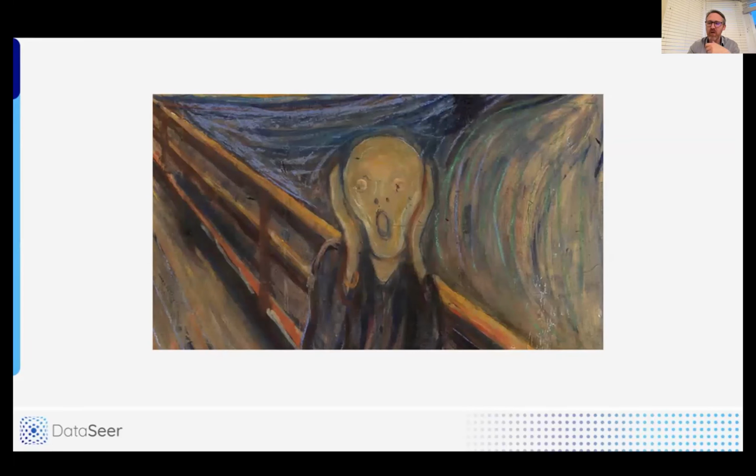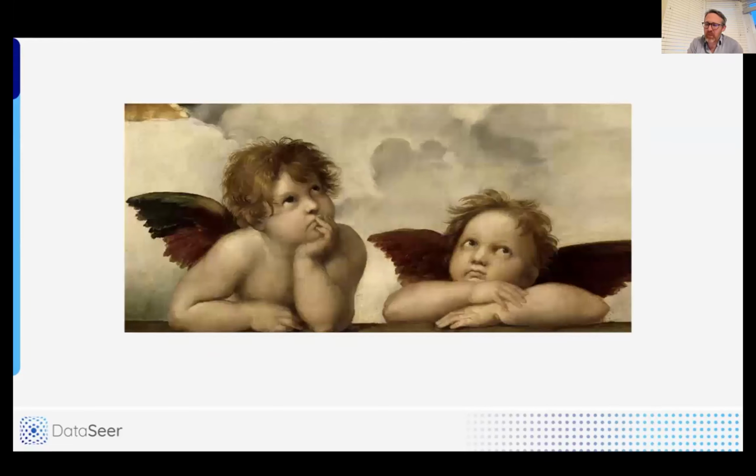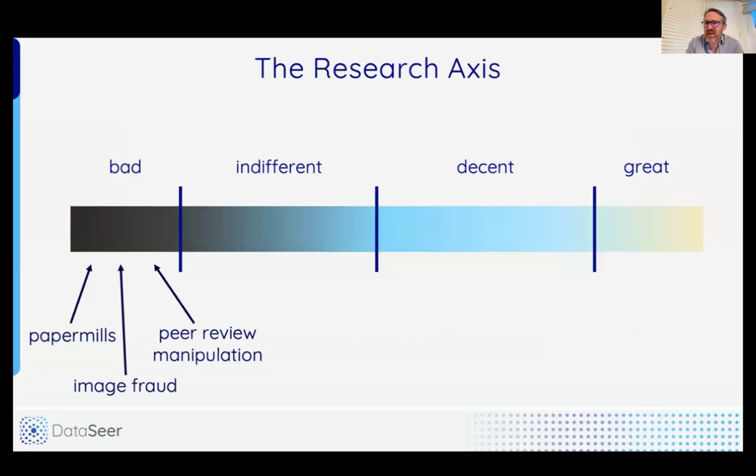And so I wanted to change the mood a little bit and talk about positive signals, things that researchers do that really help us believe them, that are an inherent feature of their article, that if we can detect these clues, we can really start to trust that the work they've done is genuine. So here I spread research out along an axis.